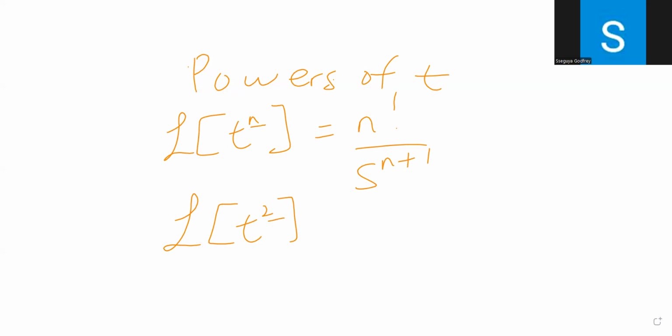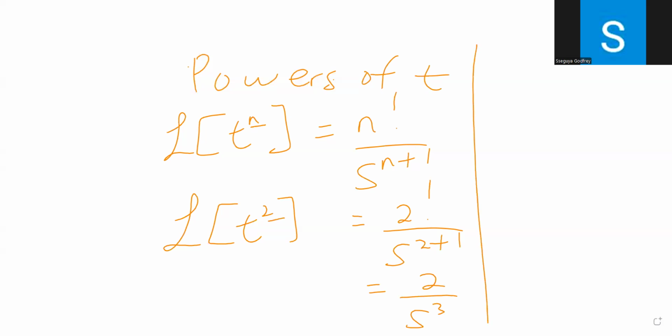We'll see that n is 2, meaning that where there is n, we put 2. And it will be 2 factorial over s^(2+1), and this will be 2 over s cubed. As simple as that. Here, let us add Laplace transform of t to the power 3, which will be 3 factorial over s to the power 4.